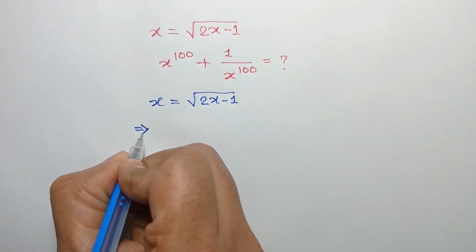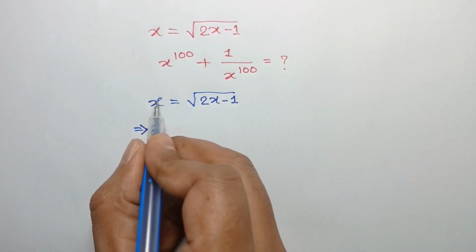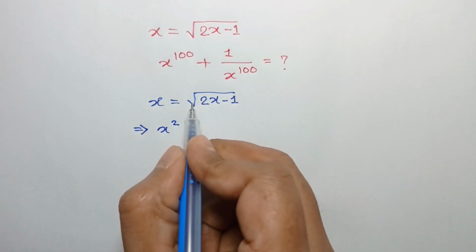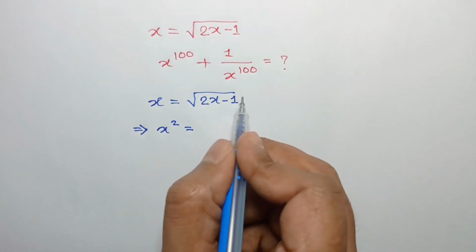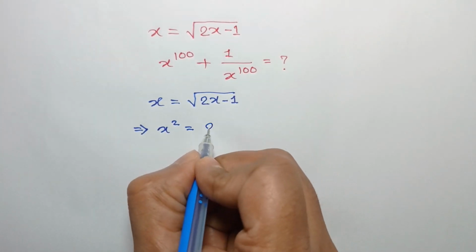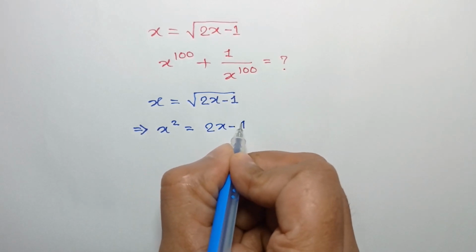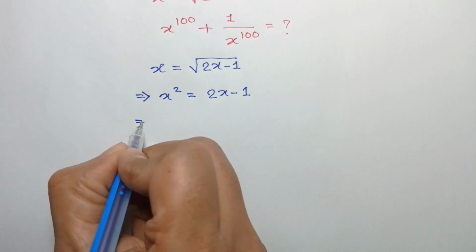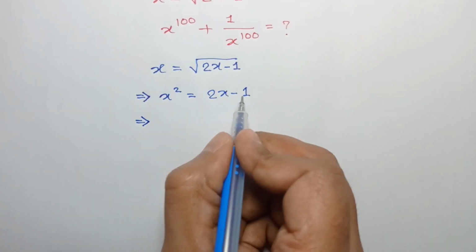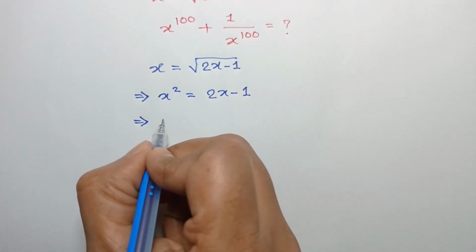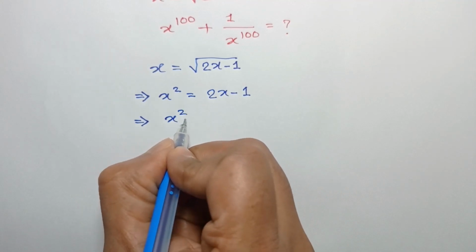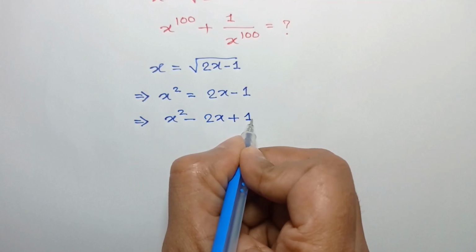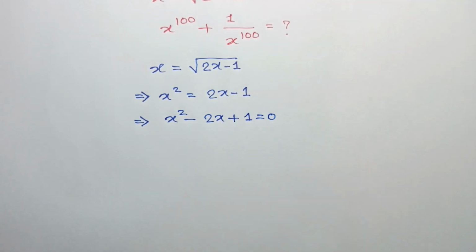or taking a square to both sides, we can write x square is equal to this square root and square will cancel out, so it will remain twice x minus 1. Or taking this right side to left, we can write x square minus twice x plus 1 is equal to 0.